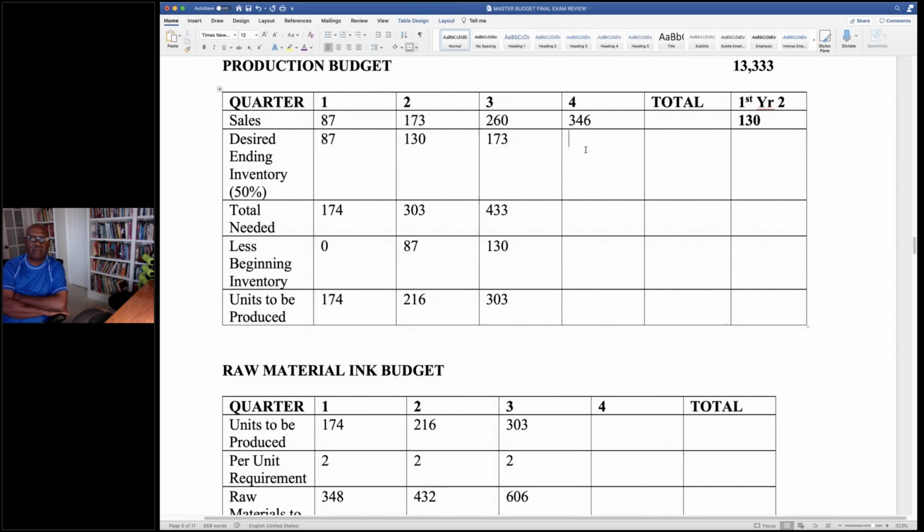Yes, so it'll be 65. Tell her how you got the 130. Okay, I got 130 from first. You got to go to break even and get the quantity, and the break even quantity was 1,299, and I took 10% of 1,299, which gave me 130.